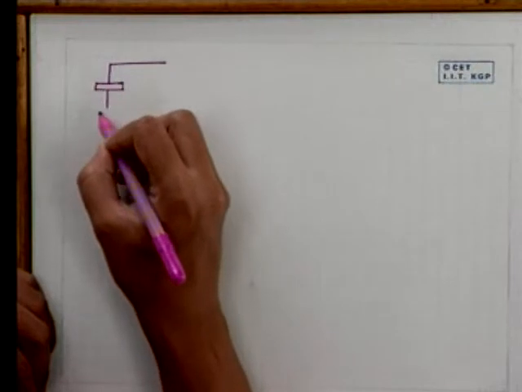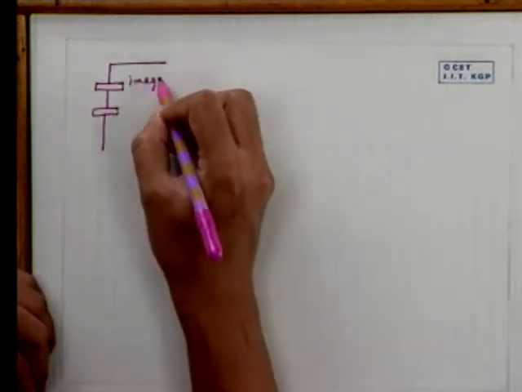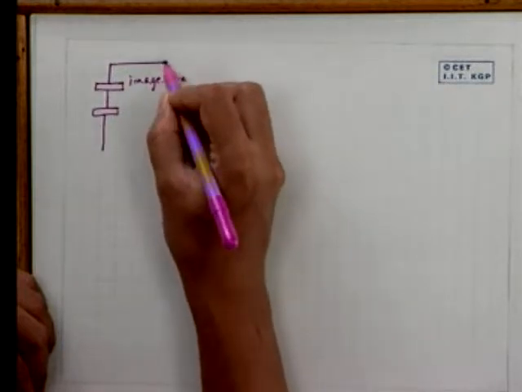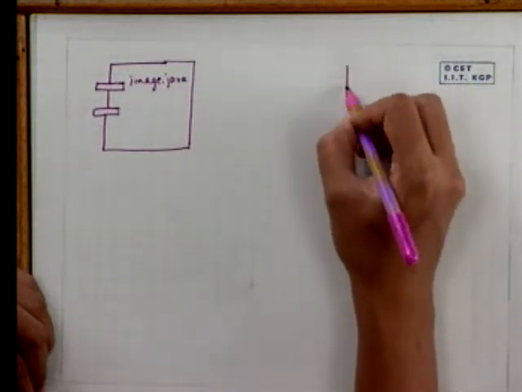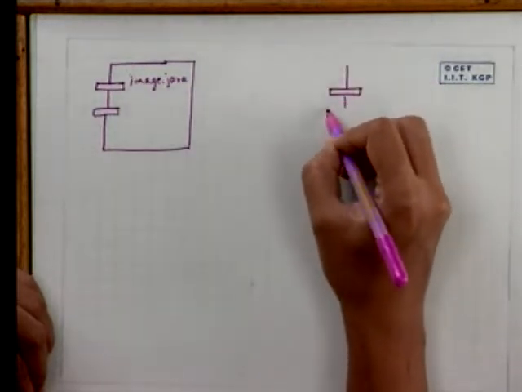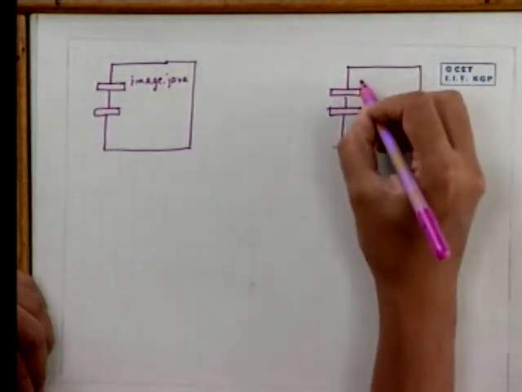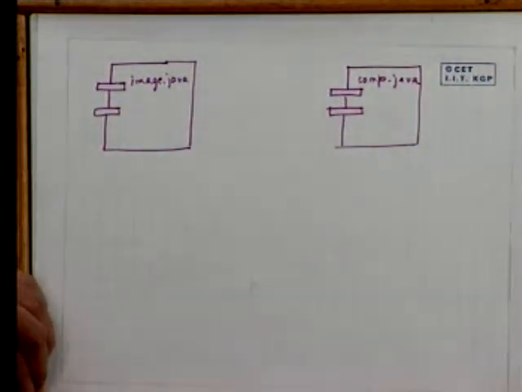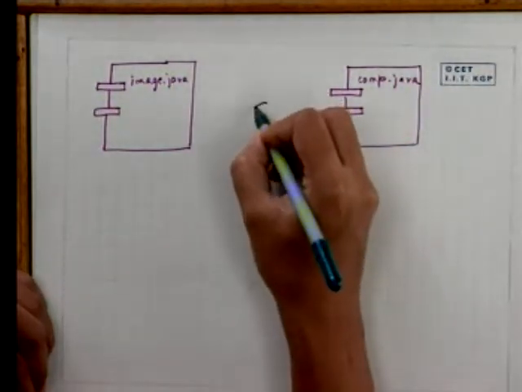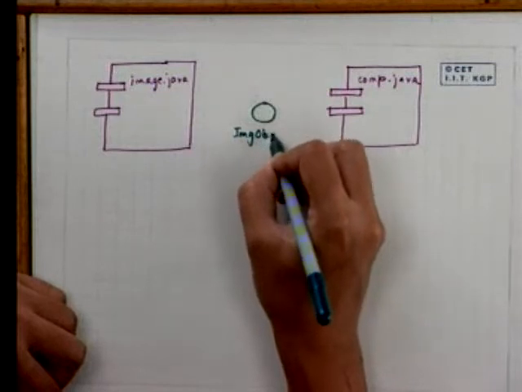So this is a component whose name is image.java. And we have another component whose name is comp.java. And we have the elided view of an interface here, and the name of the interface is image observer.